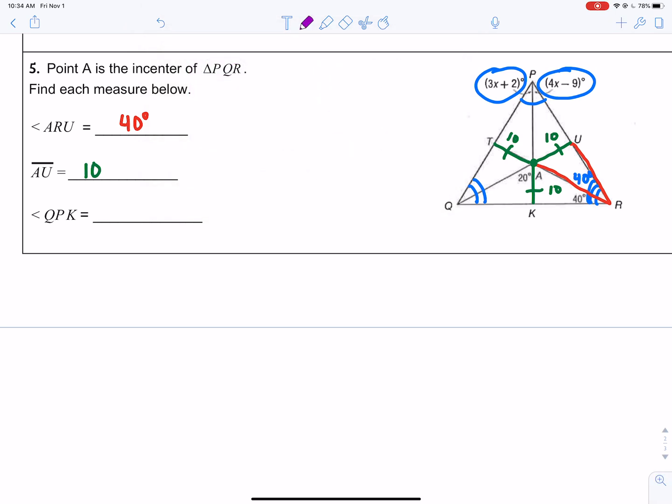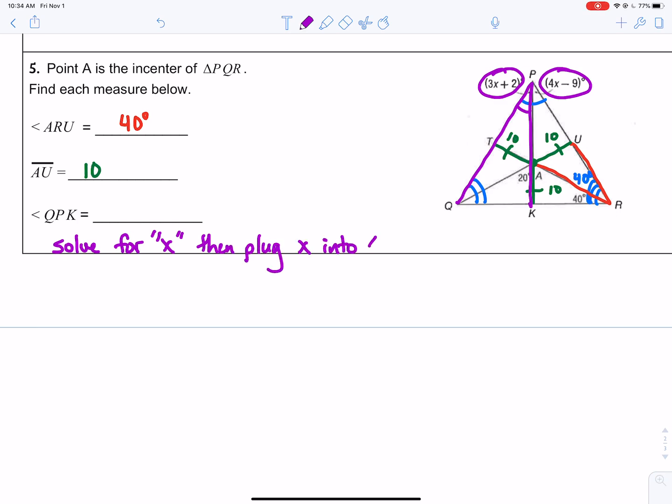And then let's figure out angle QPK. So QPK is that angle. And all we know are these two are equal to each other, so we need to solve for x and then plug x back in. All right, so let's say 3x plus 2 is equal to 4x minus 9.